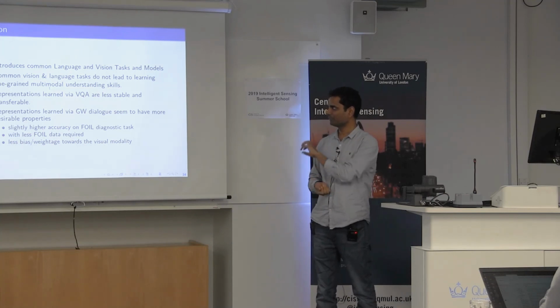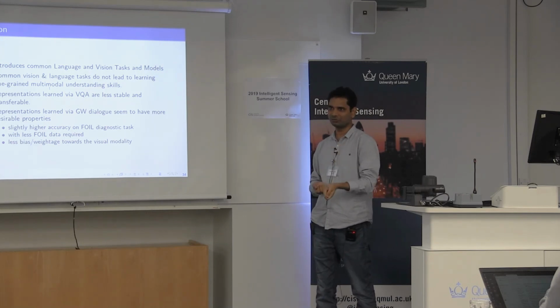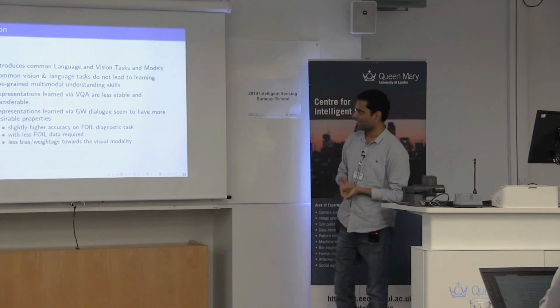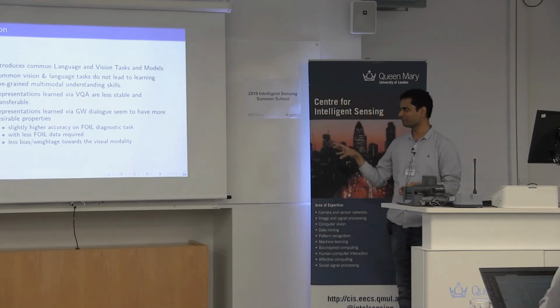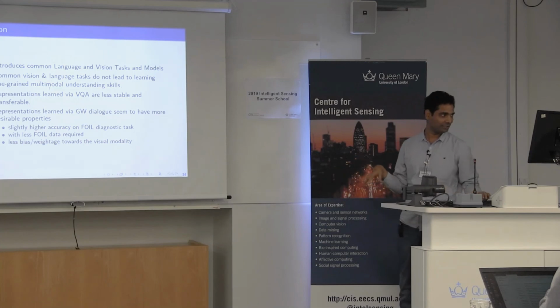Comparatively, the guess what dialogue-based task is stable, and it is faster to reach the point where it needs to be. And it has comparatively less weightage on the visual modality.